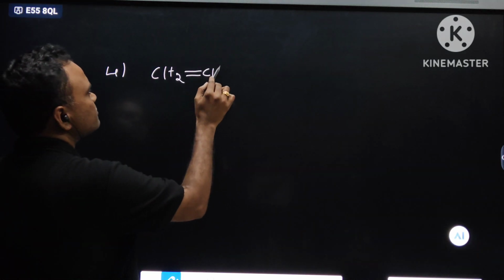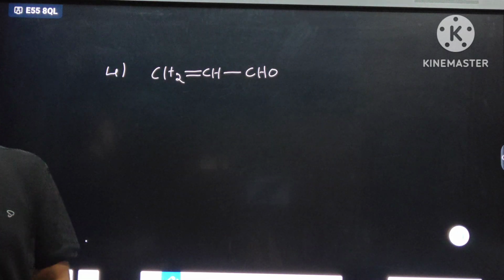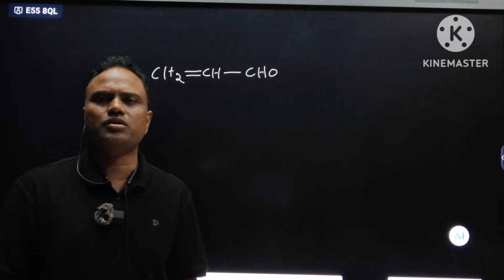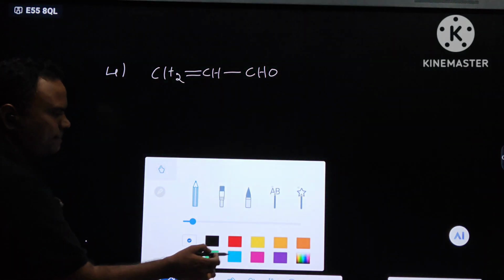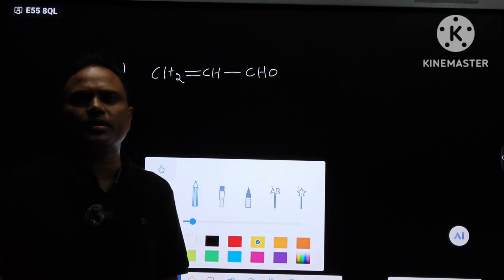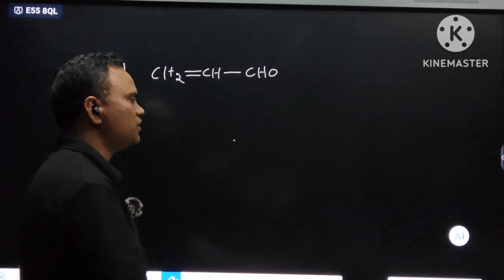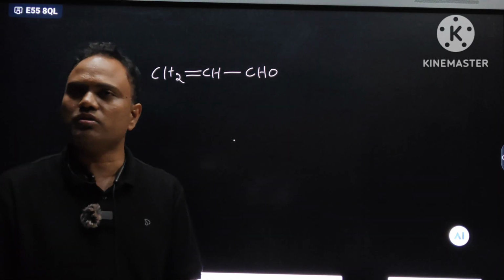Like that, 4th one. See, if a double bond is present, you know, priority goes to the double bond or the functional group? When a double bond is present along with another functional group, priority goes to the functional group only, not to the double bond.